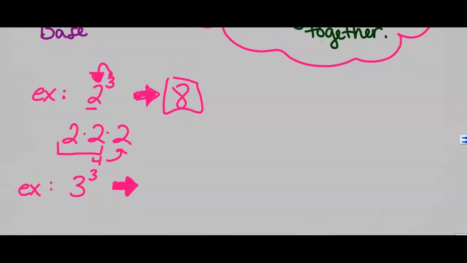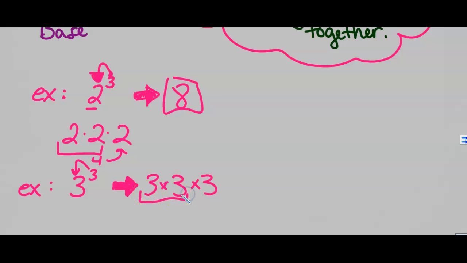Here we have 3 to the third power. So again, this is telling us that there are 3 3's. So we're going to literally write 1, 2, 3 3's. And what are we doing with those? We are multiplying them together. When we multiply, we can really only multiply 2 numbers at a time.